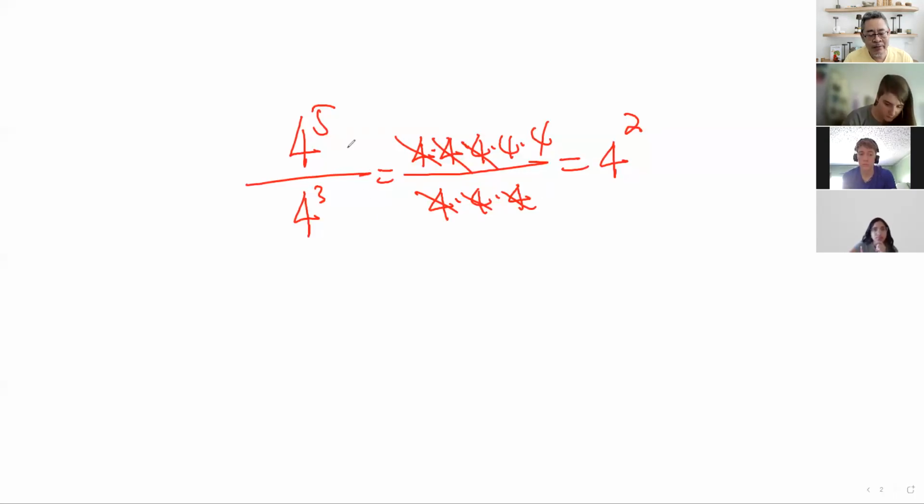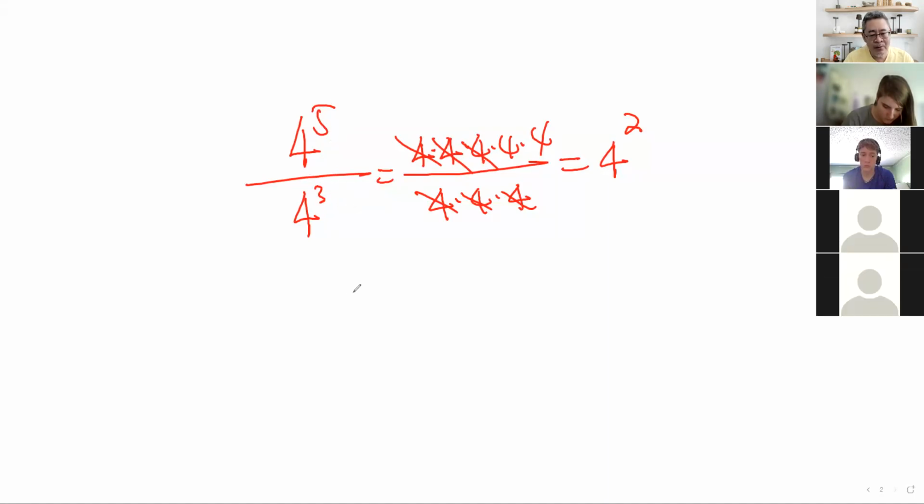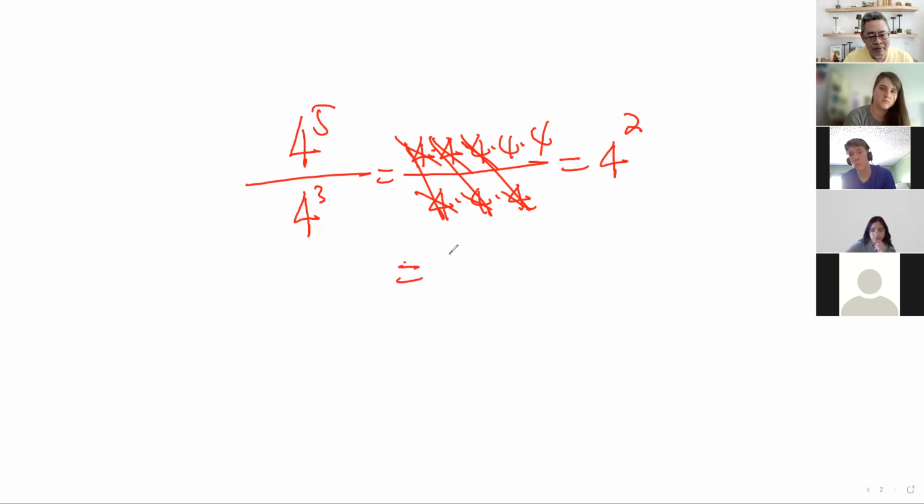So if we want to do 4 to the fifth divided by 4 to the third, we simply do a subtraction: 4 to the 5 minus 3 is 4 to the second.